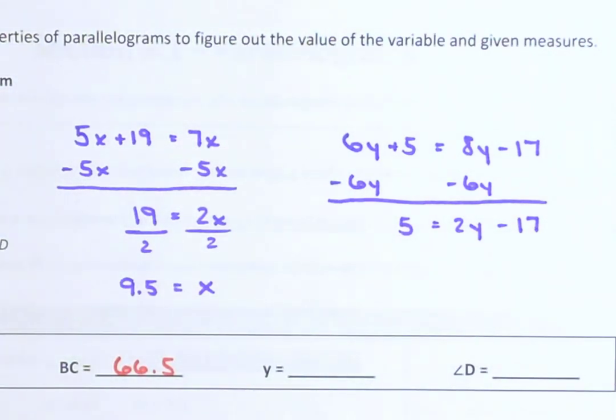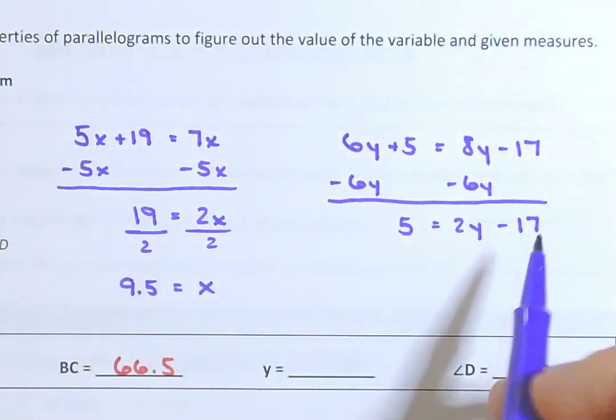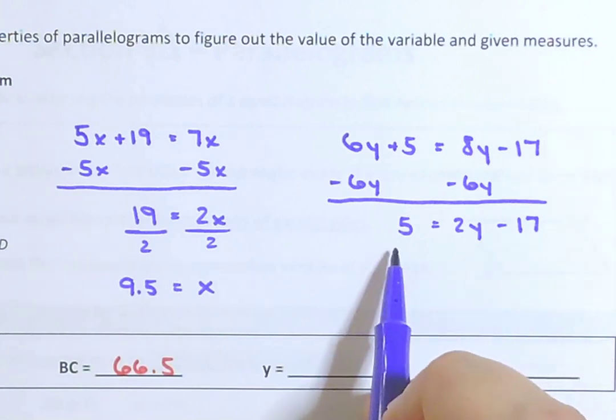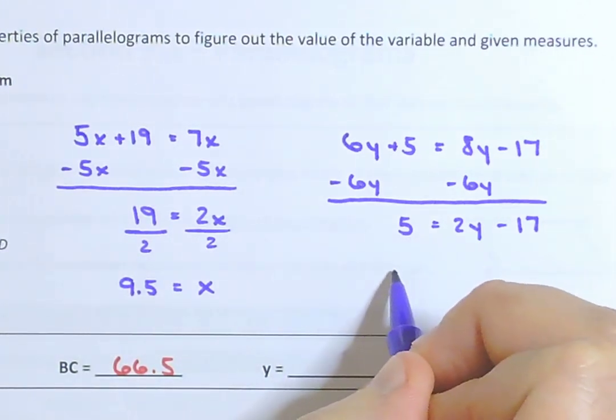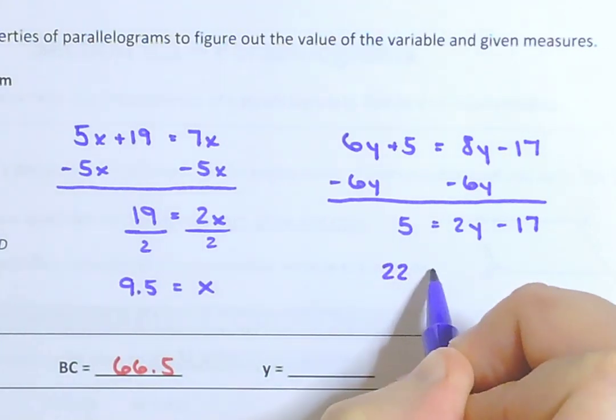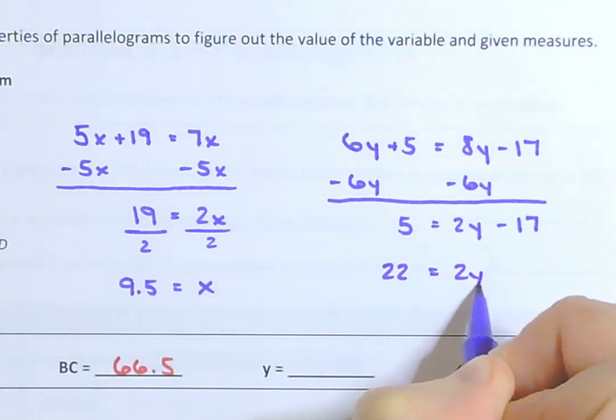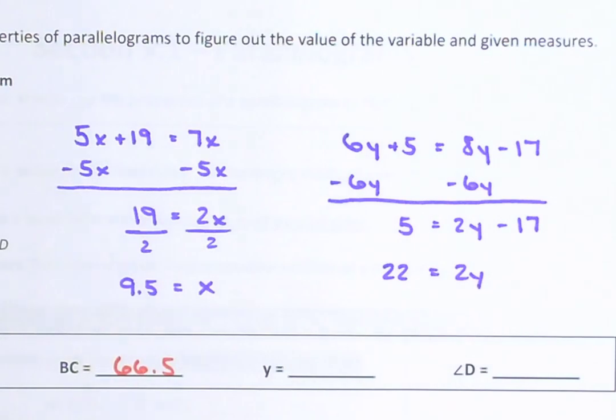After that, I get 5 equals 2y plus 17. Next step is I'm going to add the 17 to the left. So if I add 5 plus 17, that's going to give me 22 equals 2y.